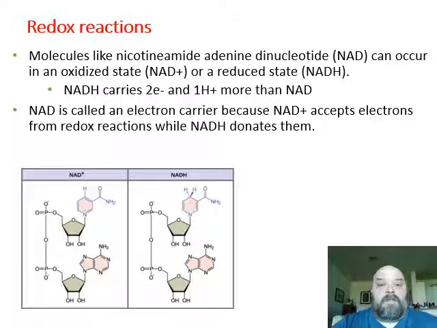So it's going to sometimes use what are referred to as carriers. Carriers are going to take those excited electrons, that hydrogen. It's going to move it from A to X, whatever X is. Sometimes A and X can be in the same organelle. Other times they're going to be in different organelles, someplace else within the cell.